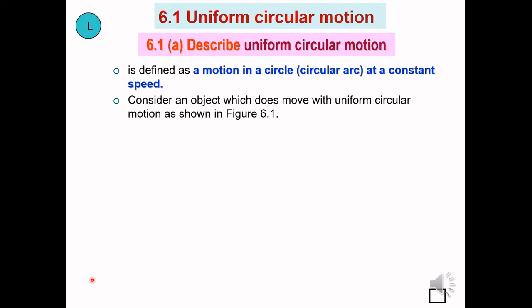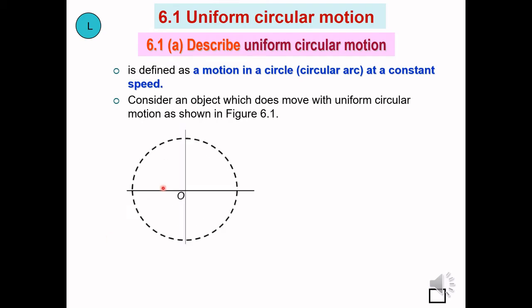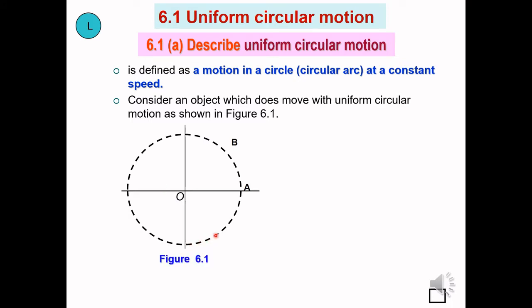Consider an object which moves with uniform circular motion as shown in figure 6.1. The object moves from A to B. This is the radius of the circular path. This is the angle which the arc subtends to the center of the circle. And this is the length of a circular arc.